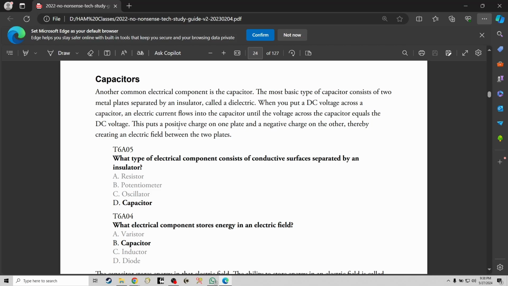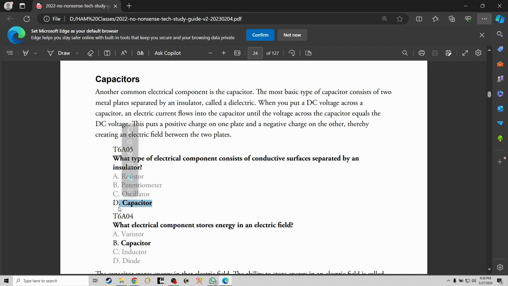This puts a positive charge on one plate and a negative charge on the other, thereby creating an electrical field between the two plates.